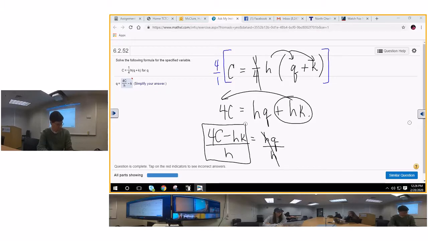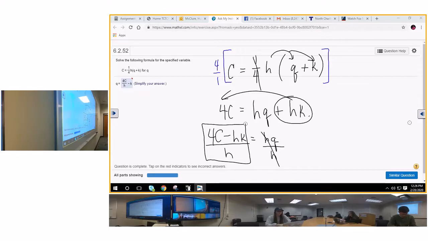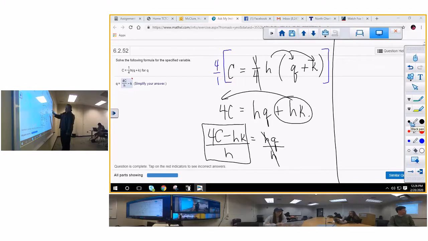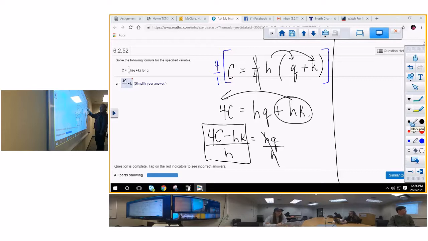Okay? Now, if you will look, they have a different answer because you could work this out to get that answer, or you could not distribute the H. And that's what they did probably. So let's see. I'm going to start it right here.